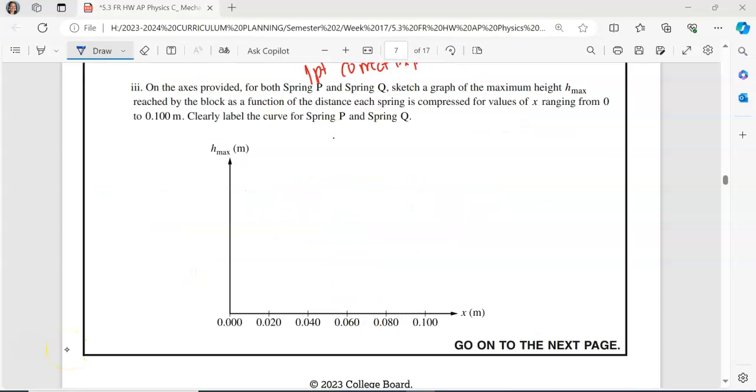Okay, so let's look at this one. We're comparing the max height to where the springs are starting. Anytime things are changing heights and velocities, conservation of energy is a great idea. So we know the spring will initially start with spring potential energy, and all of that will be converted to gravitational potential energy. We know gravitational potential energy is going to be mgh.